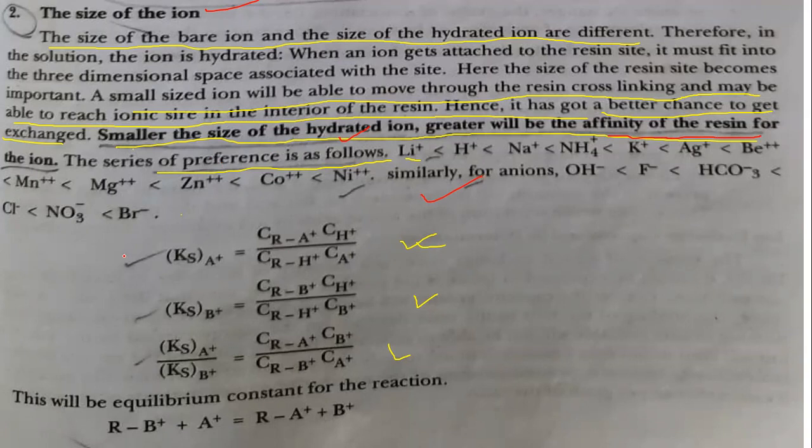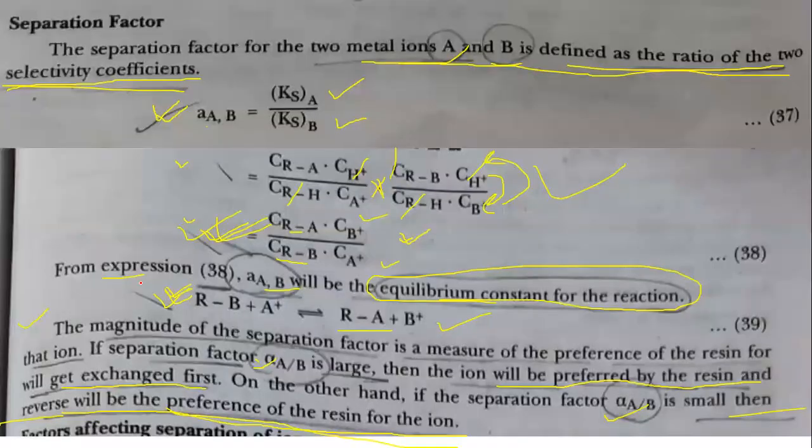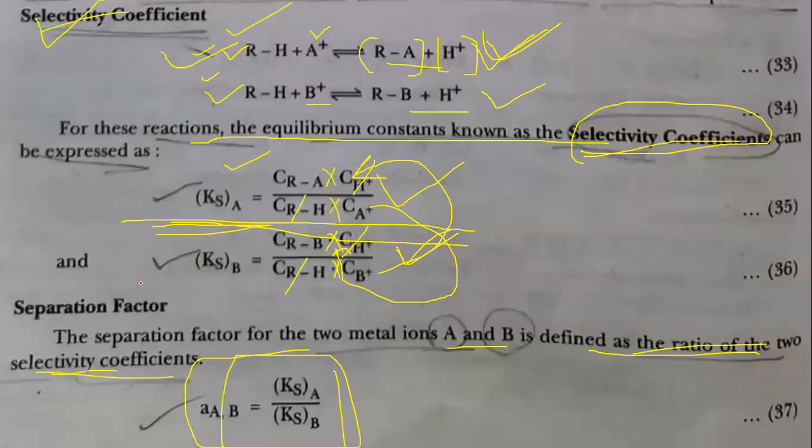So if you see here, the A plus ion is there, then the B plus ion is there, and see the ratio of these two, the separation factor and all that we have studied already. I think selectivity coefficient and separation factor are the terms which we have already studied.